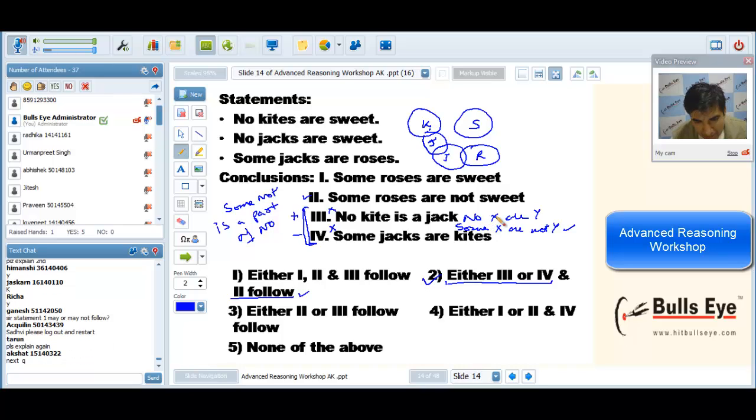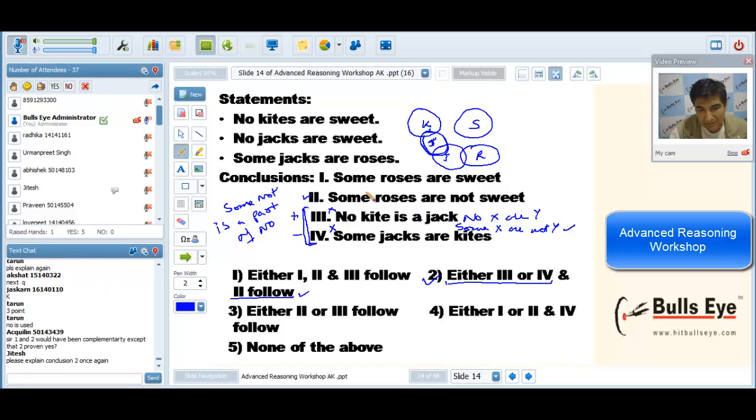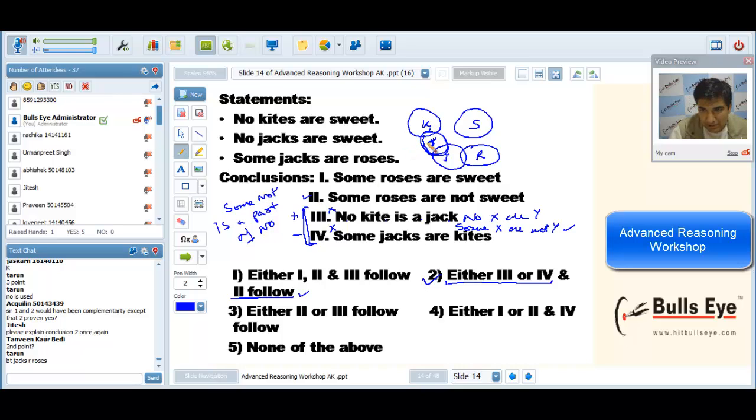Okay, what is the problem? Which part didn't you understand? The third point is no kite is jack. I could make jack intersect with kite. Yes or no? That could be a case. Jacks are roses, I could make roses out here.